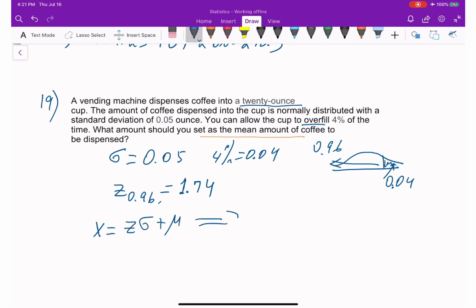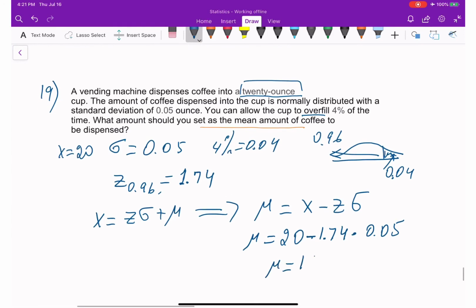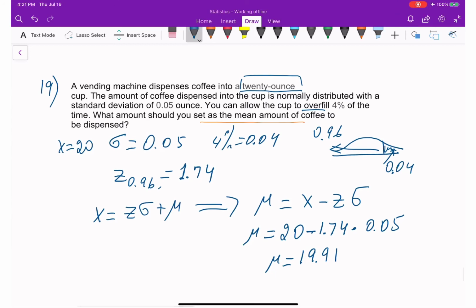So from here, mu is going to be equal X minus Z-score sigma. How much is our X? Yeah, 20 ounce. X is equal 20. So mu is going to be equal 20 minus 1.74 times sigma 0.05. So mu is going to be equal 19.91. Okay, the average amount is going to be 19.91 ounces.